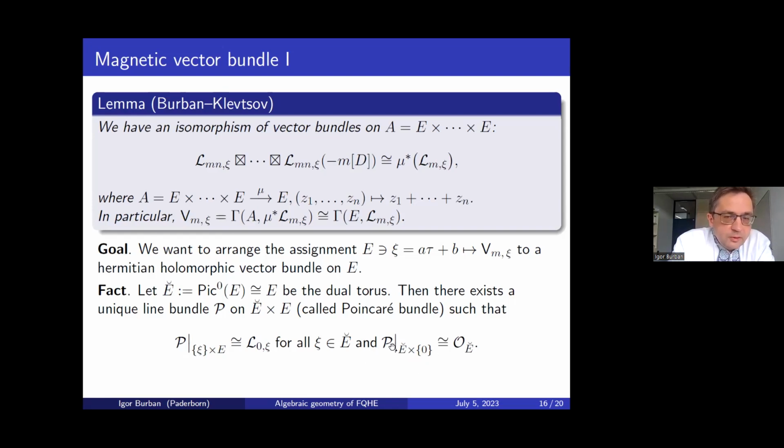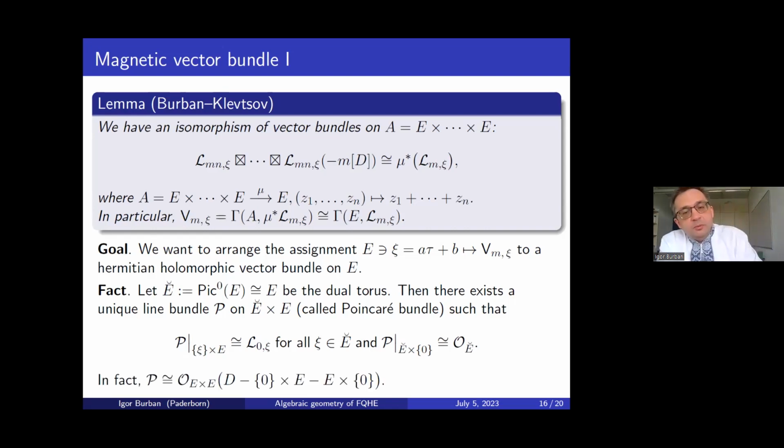So this line bundle is actually unique. It's clear that it is unique, but also in this case, it can be easily described. If I identify the dual torus with the torus, then it is a line bundle attached to the divisor I just wrote here. Now I have an exercise to attach to a point xi this vector space.